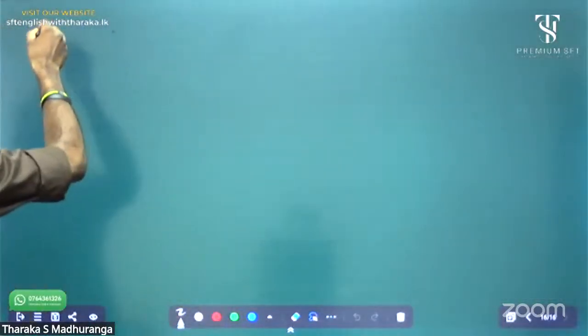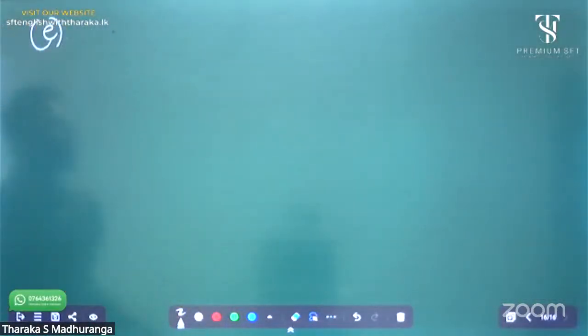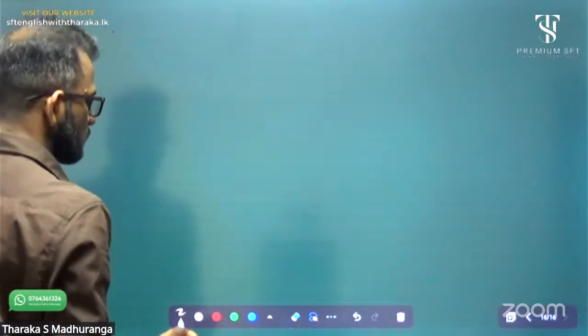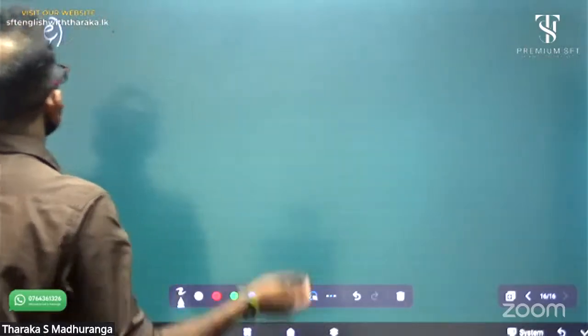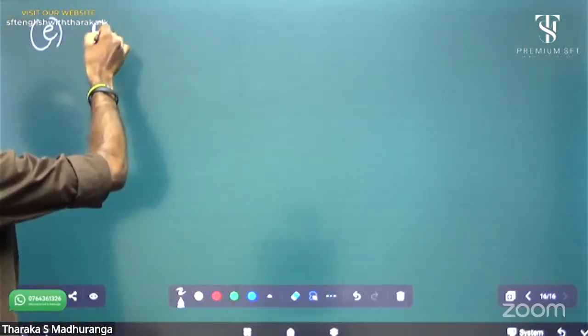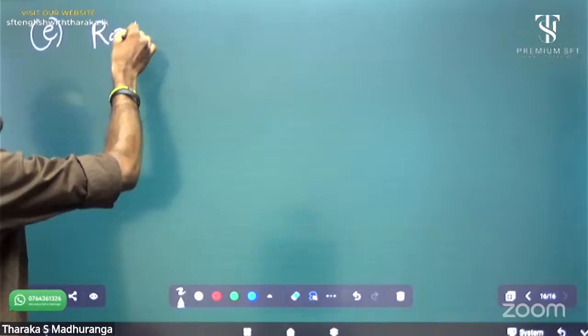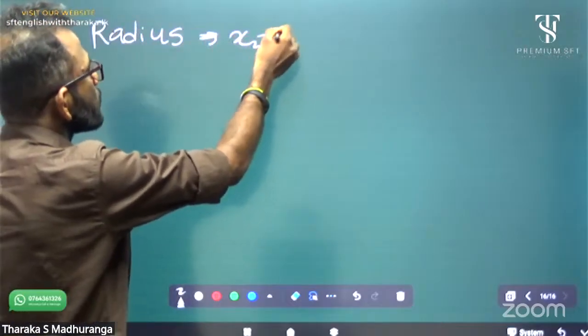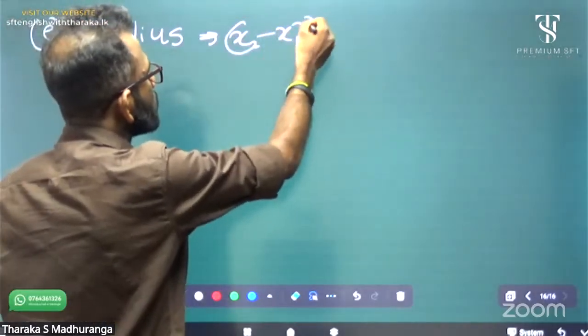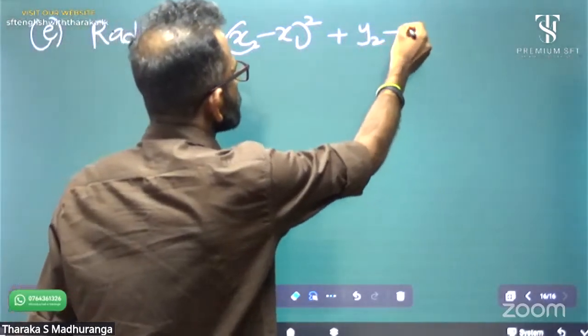Part final, pi equal 3, that's given. Okay, the radius equals, what is the equation? Square root of x2 minus x1 squared plus y2 minus y1 squared.